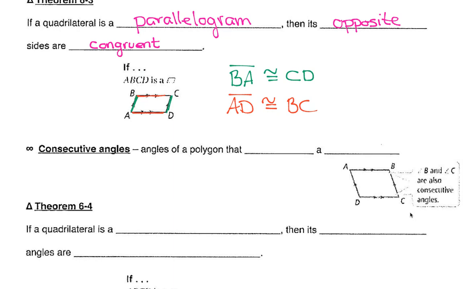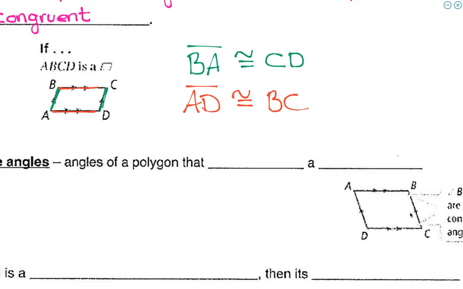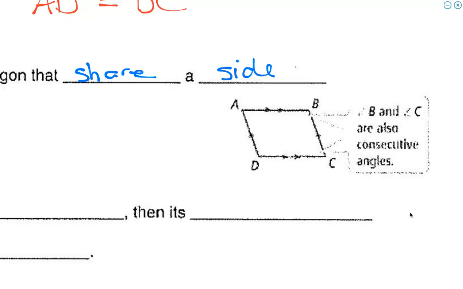All right, just following the same trend, we're going to define something before we are able to use it. Consecutive angles. They're angles of a polygon that share a side. So B and C are consecutive because they share that side.